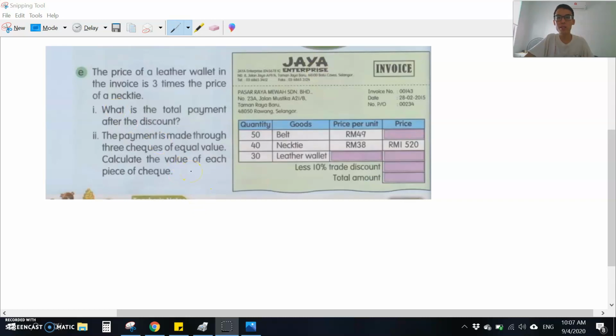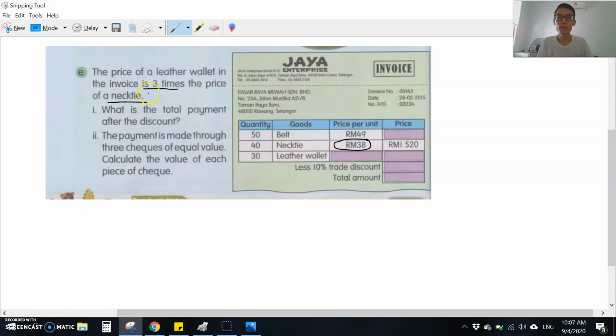Now let's look at this question again. Question E. The price of a leather wallet in the invoice is 3 times the price of a necktie. The price of a necktie is 38 ringgit.